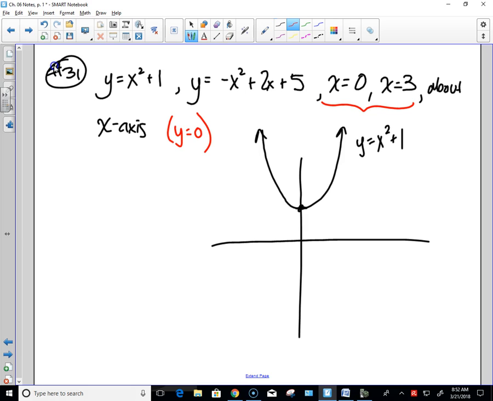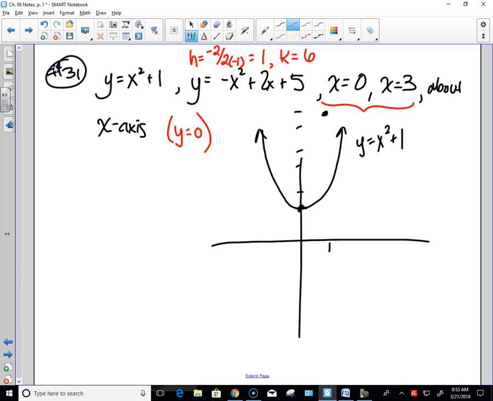If you remember from pre-cal, you could find its vertex by doing negative b over 2a. The vertex will be at x equals 1, and I could plug in 1 to get k. Negative 1 plus 2 is 1, 1 plus 5 is 6. So the vertex is 1, 6. Pretty quickly, then go ahead and try to sketch it.